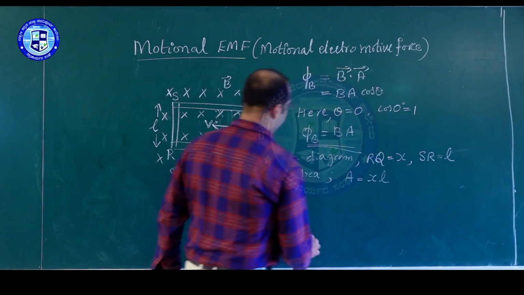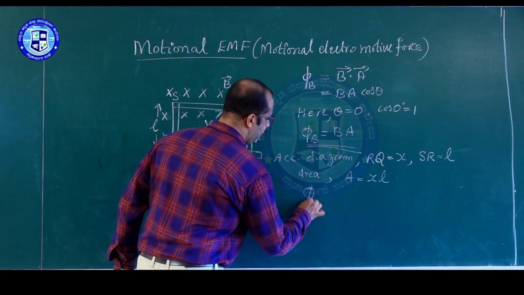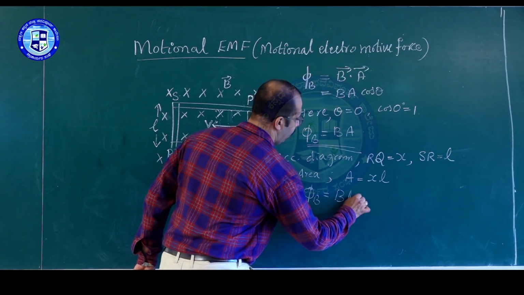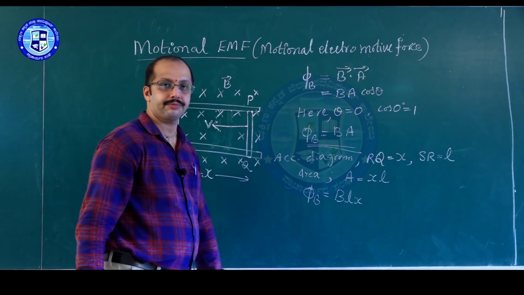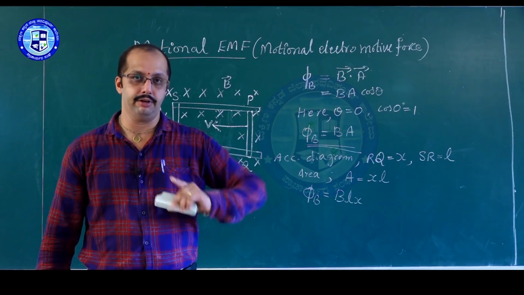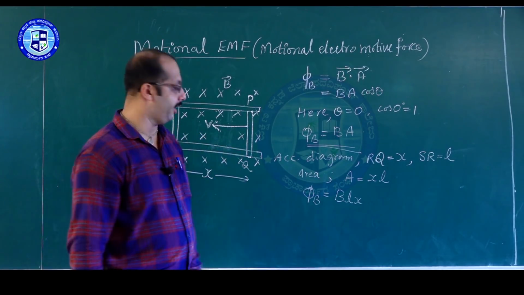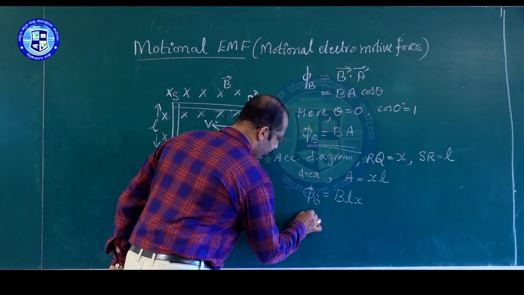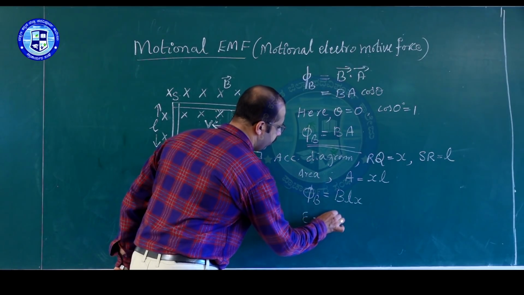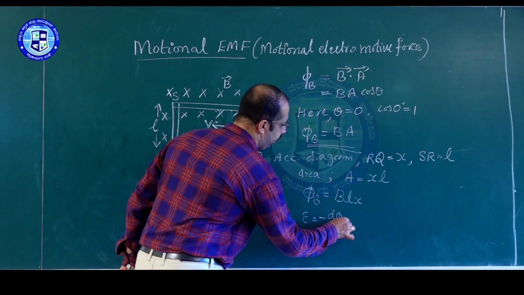Now you write phi B is equal to B into Lx, or XL. According to the electromagnetic induction explained by Michael Faraday, the induced EMF is equal to minus d phi B divided by dt.